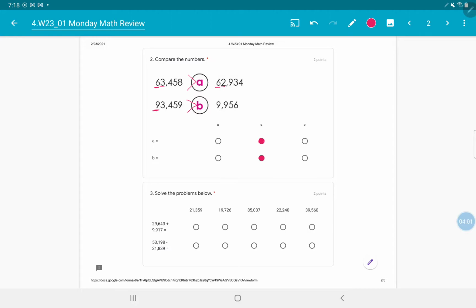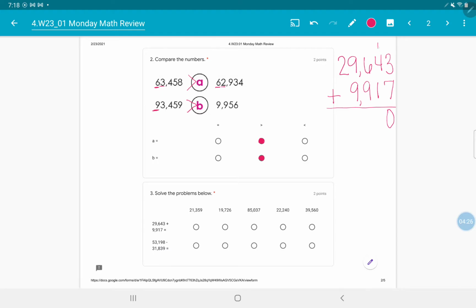For number 3, we're adding. First, I've got 29,643, and I'm adding 9,917. I'm making sure to line up my place values. I'm going to start with the ones. 3 plus 7 is 10. Write down the 0.